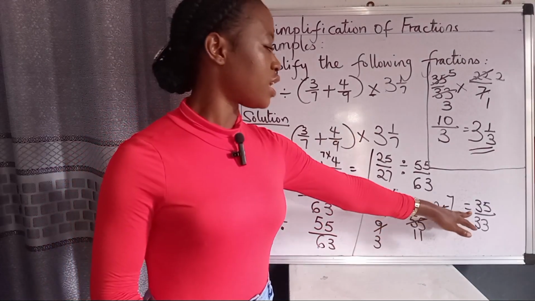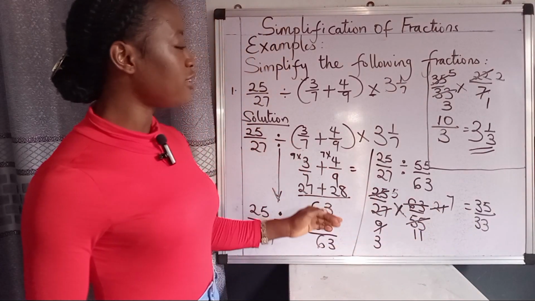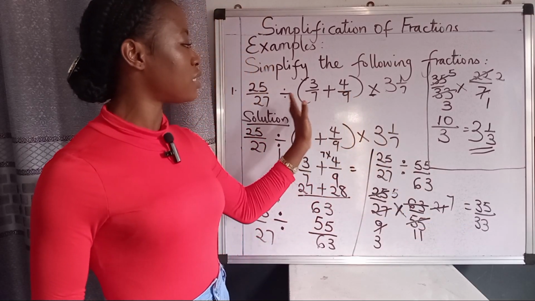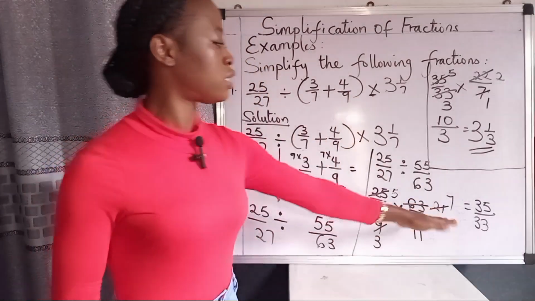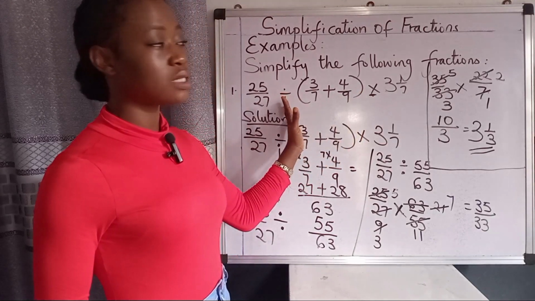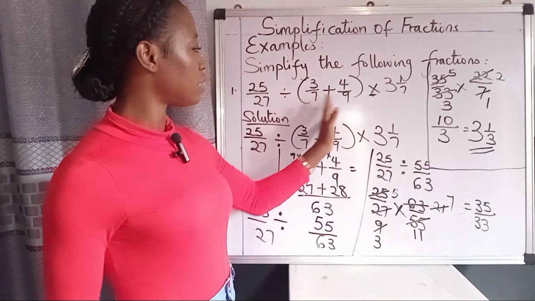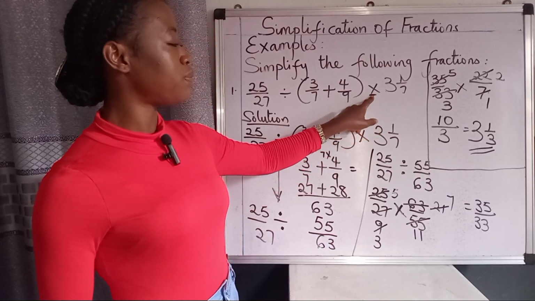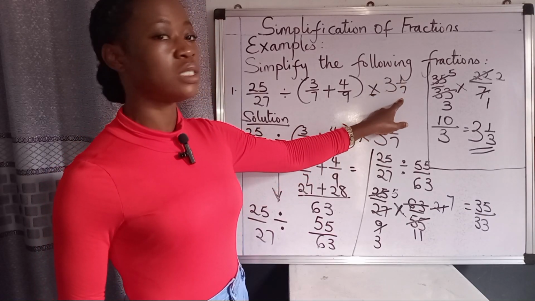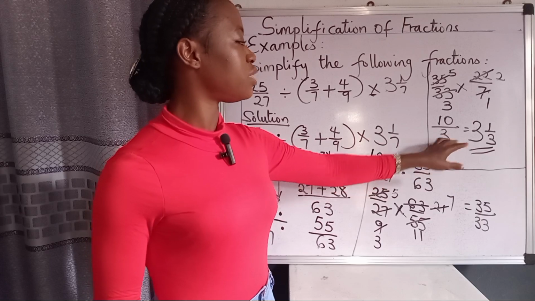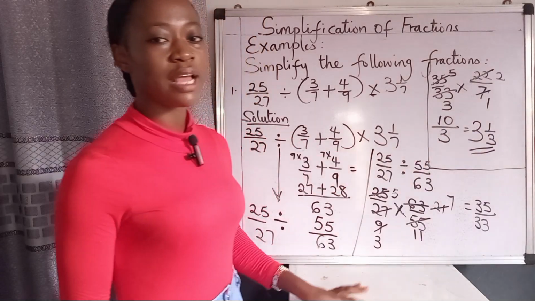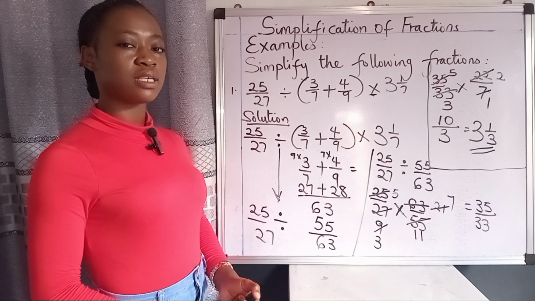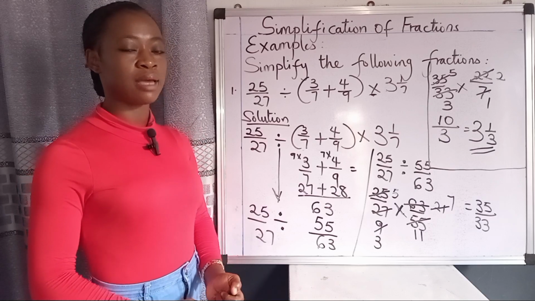We got 35 over 33. Mind you, this 35 over 33 would be on the left hand side because we got this value at the left hand side. So we are going to write 35 over 33, then finally multiplied by 3 whole number 1 over 7. And that's what we did. We got 3 whole number 1 over 3. Guys, I hope you understand. Don't worry, we are going to look at another example to make you understand better.